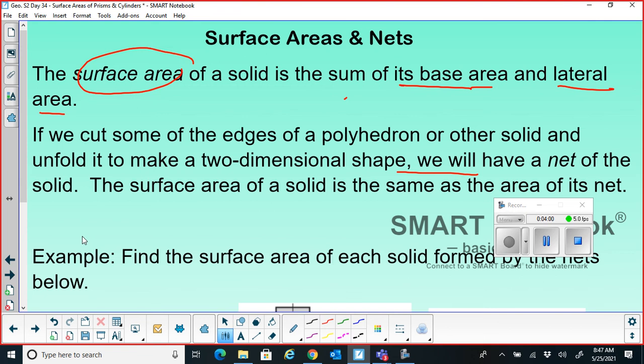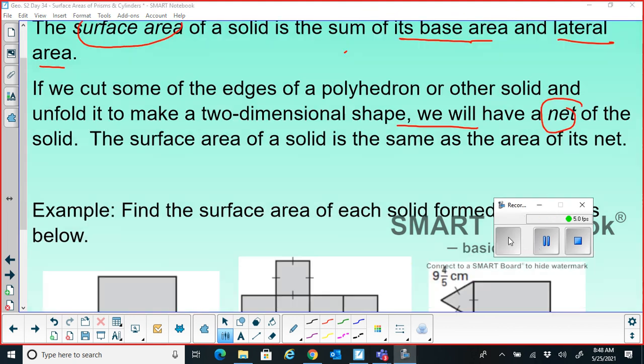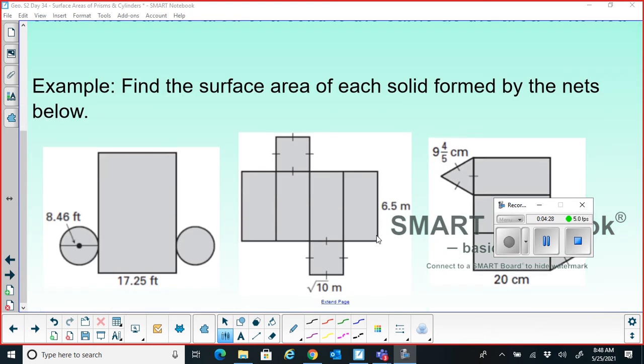If we cut a few of the edges and lay it down two-dimensionally, the area of whatever we have laid down will be the same as the surface area of the polyhedron. Once we lay it down two-dimensionally, that is called the net. We will see an example in another 20 to 30 seconds. Please note down.